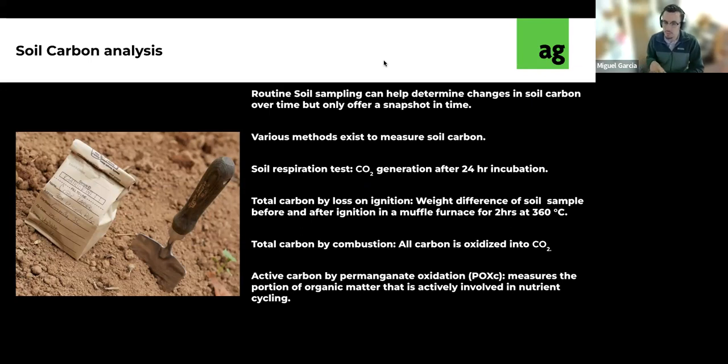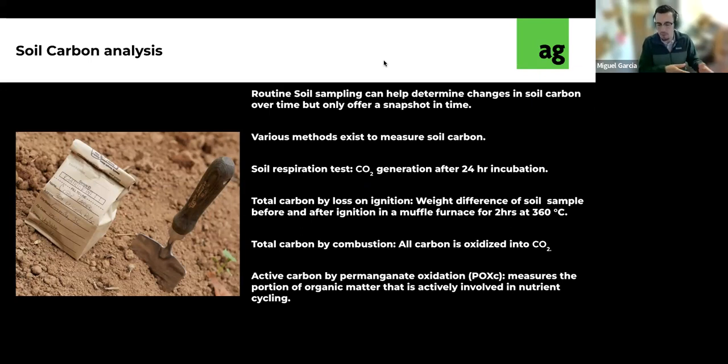And what this tells you is the portion of the organic matter that is active for soil microbe activity, meaning the portion of the organic matter that is easily accessible to the soil microbes. We talked about earlier how there are portions of organic matter in the soil that are hindered in complex structures that the microbes cannot access anymore.